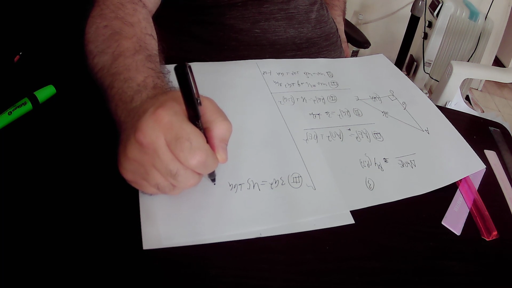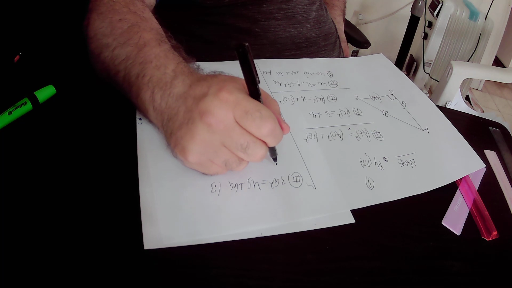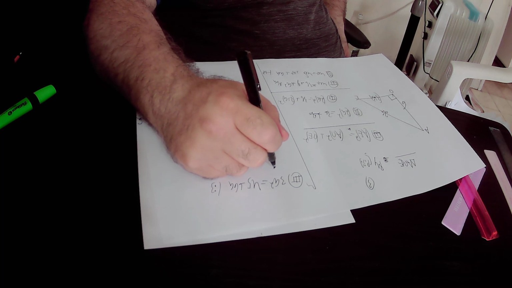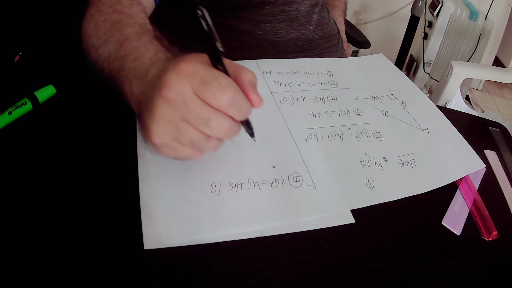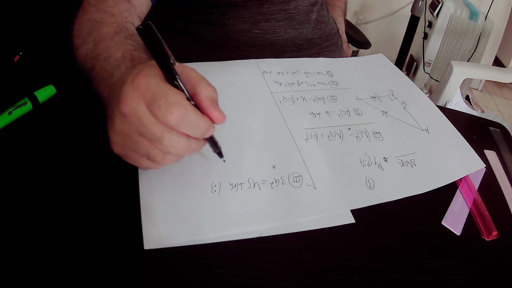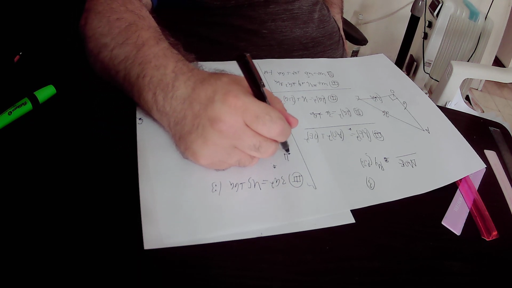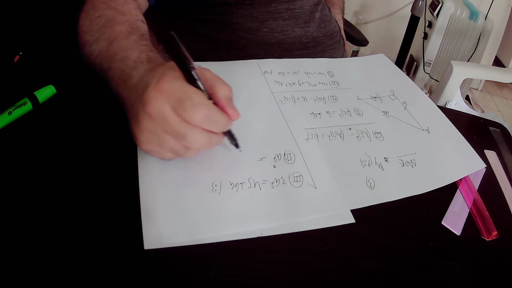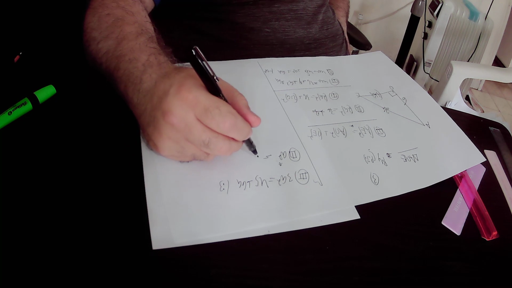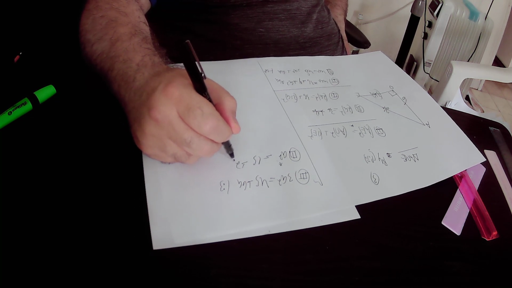Here we divide this equation by 3. So 3A squared over 3 is A squared, that is equal to 45 over 3 is 15, plus 6A over 3 is 2A.